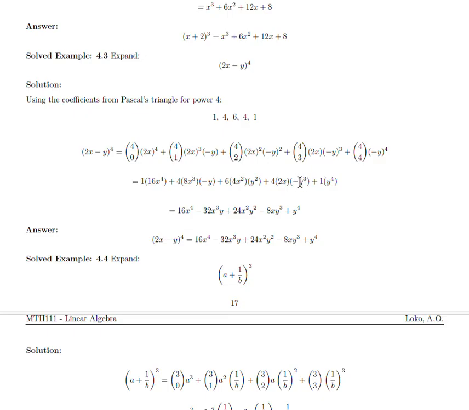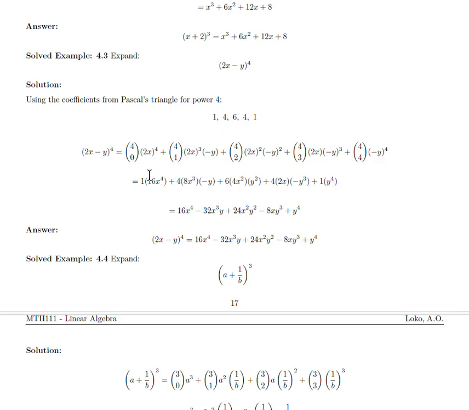Minus 1 cube is minus 1, and then y cube, right? Then plus 4 combination 4 is 1, minus y raised to power 4 will be minus 1 raised to power 4, which is plus 1, and then y raised to power 4.